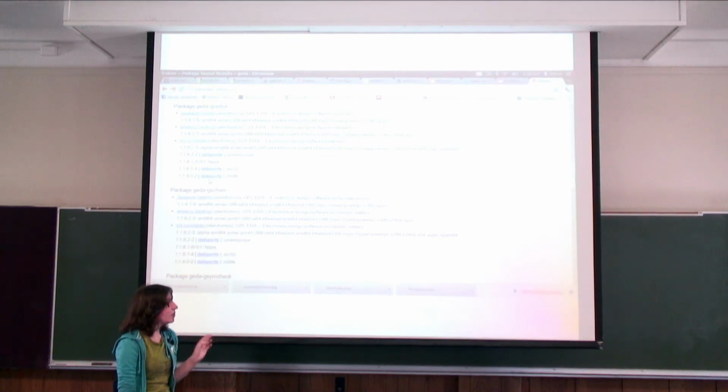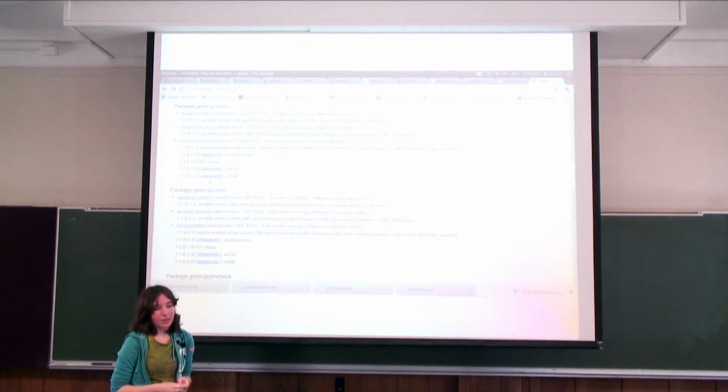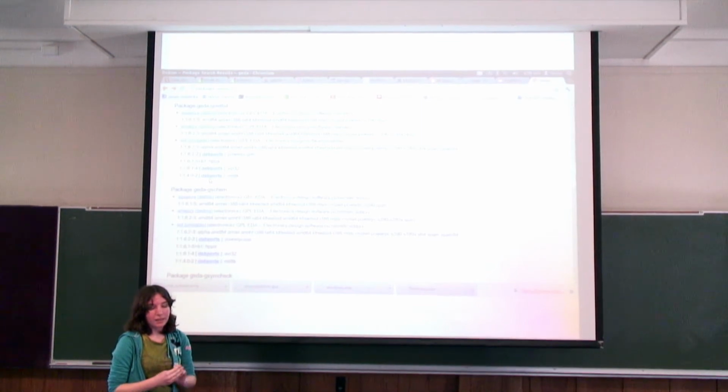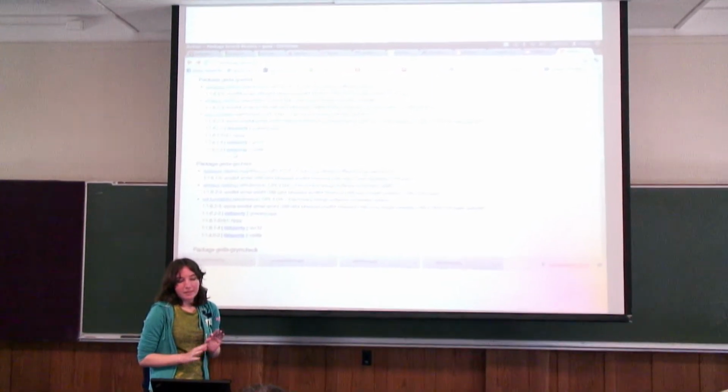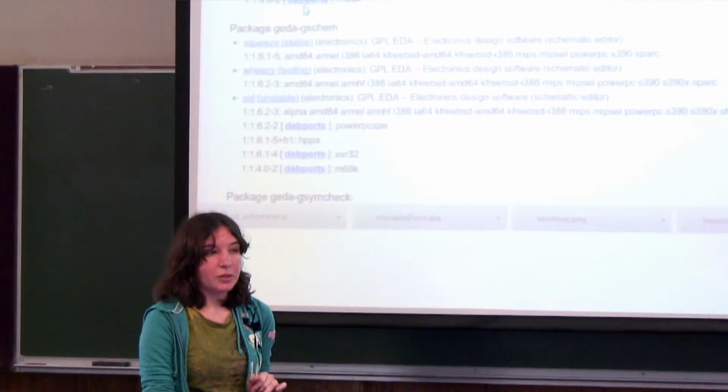Geda has all the parts you need to get up and running, but it's more of a suite than an integrated environment, where you have to download a lot of different things and get them to work together to actually get your final product. And this is an example. This is their download page for Geda.